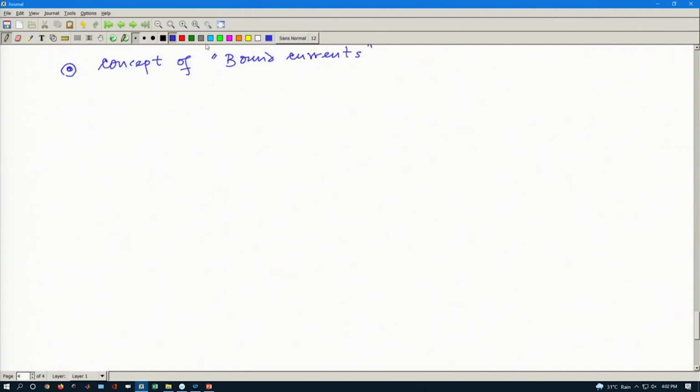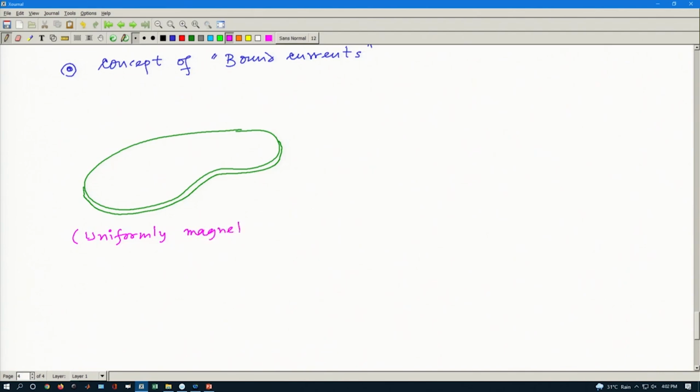So, let me first draw it. Suppose I have a uniformly magnetized material.